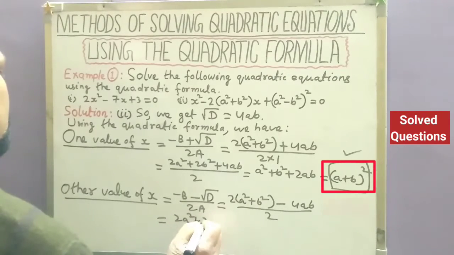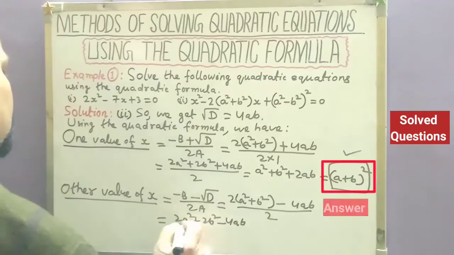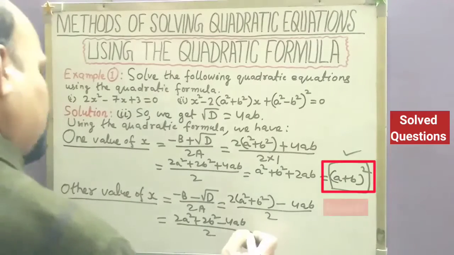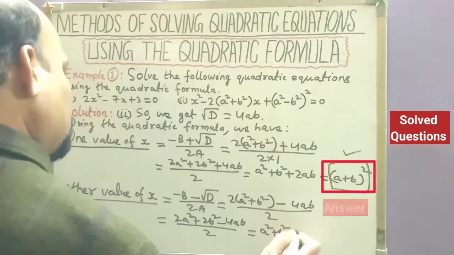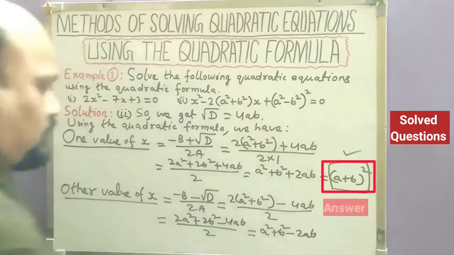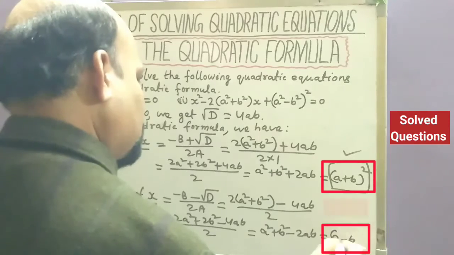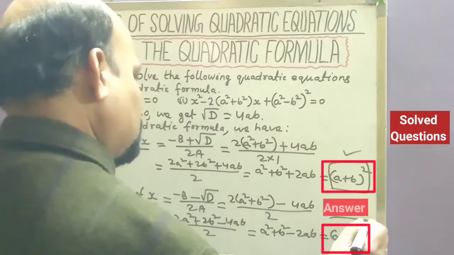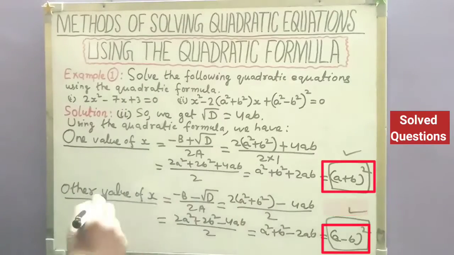Opening brackets, we get 2a square plus 2b square minus 4ab upon 2, that equals a square plus b square minus 2ab. This is the formula of whole square of a minus b. This is the other value of x. Hence, these are the two values of x.